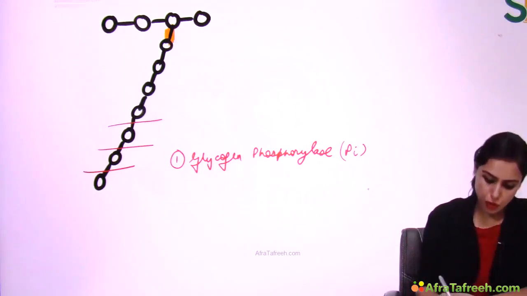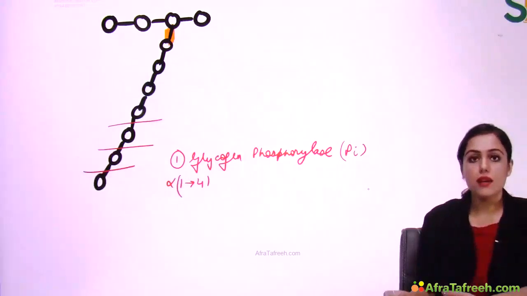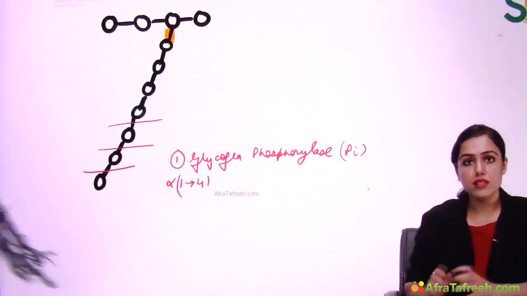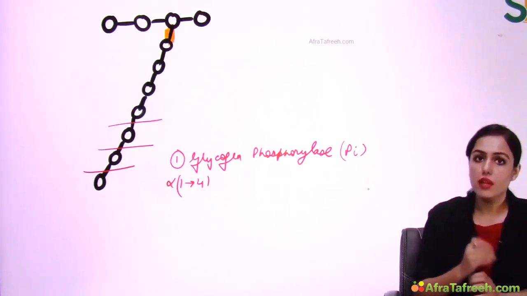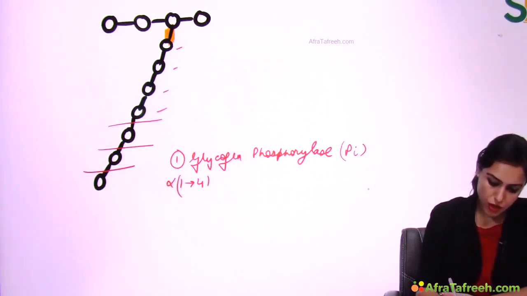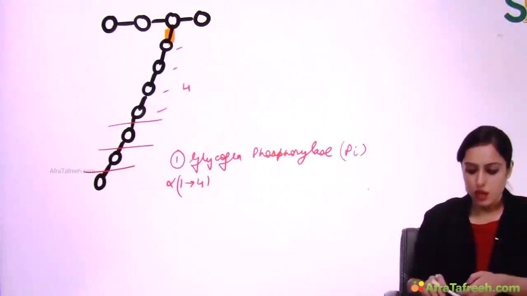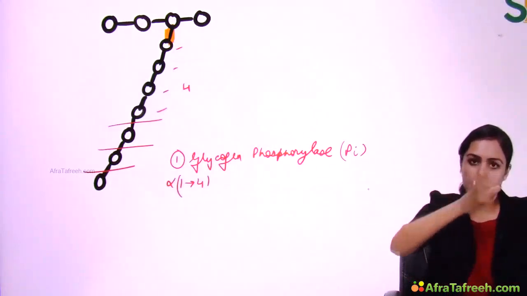All these are alpha-1,4 bonds. So it is breaking the alpha-1,4 bond here, and glycogen phosphorylase is breaking the glucose residues starting from one end, but it can break only till this point when 4 glucose residues are left at the branch point. Let's say I have a big rod. I'm breaking the rod like this.